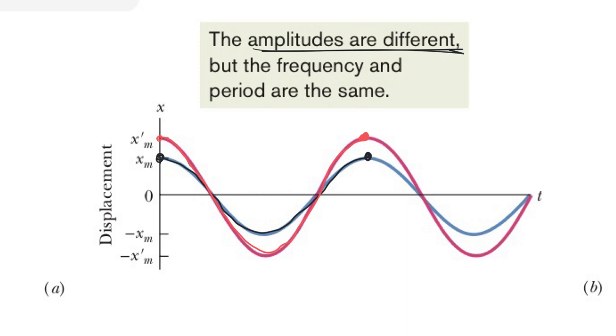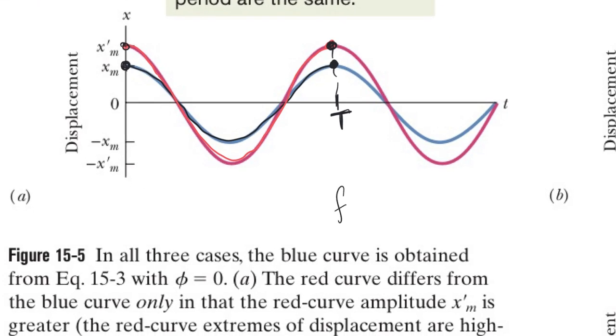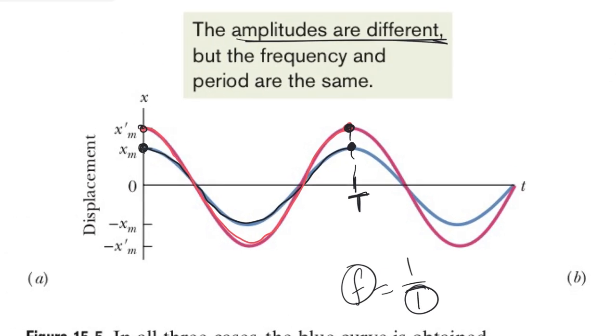So we can see that the particles have the same period, because the starting point returns to itself at this parallel point. We know that the frequency is 1 over T, so if we have the same period, we have the same frequency. So the frequency and the period for both are the same.